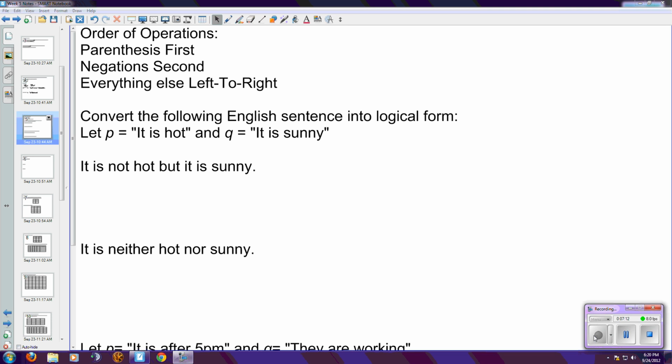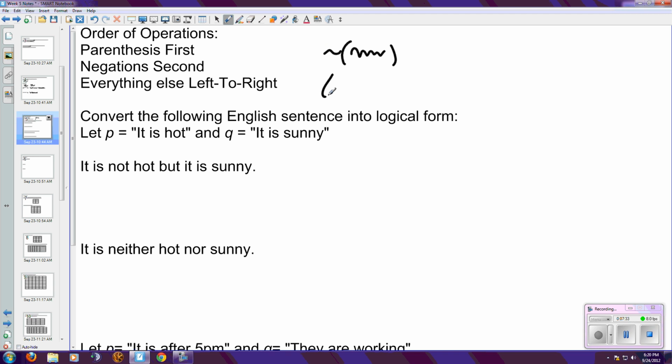When we're converting things to logical form, we have to note that order of operations tends to change just a little bit. We still have our parentheses first, but negations in a way can take precedence of that. The only time parentheses truly come first is if we have parentheses with some stuff inside and then a negation on the outside.